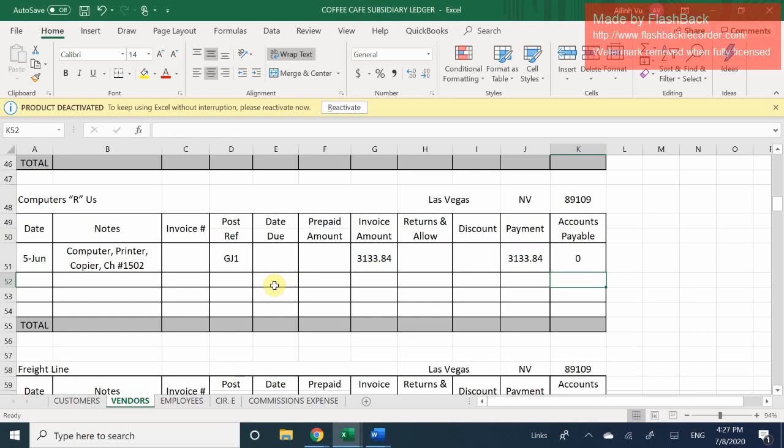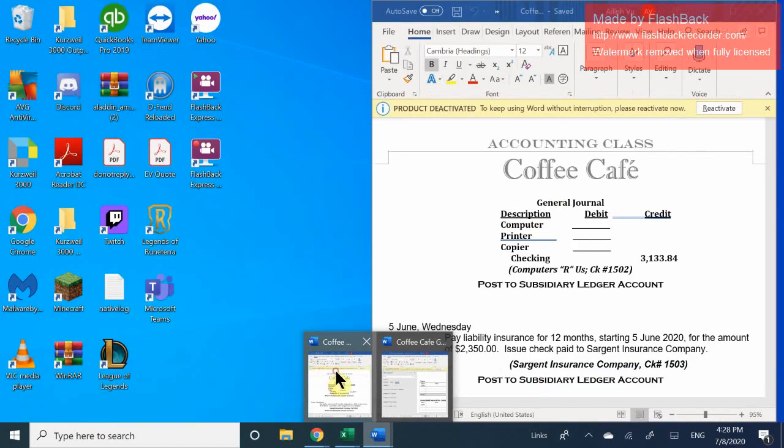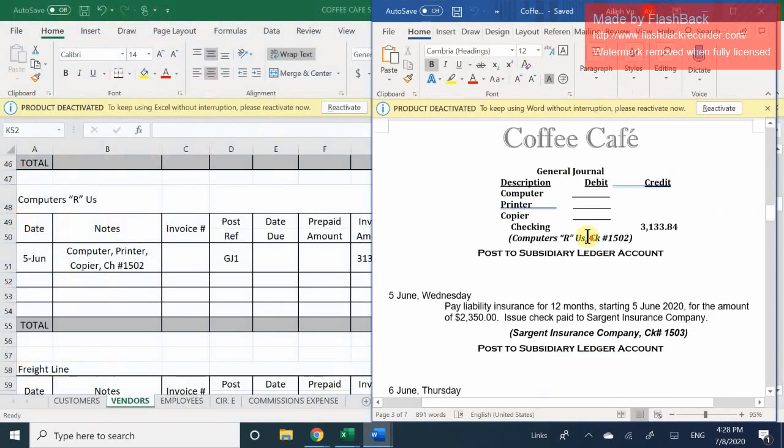Right, you know who to go to. You can write it down in here. But in this case, I was just asking you questions. Okay. So now that we posted to the subsidiary ledger, let me see what's going on in the next transaction and I'll determine whether we should record it or not.